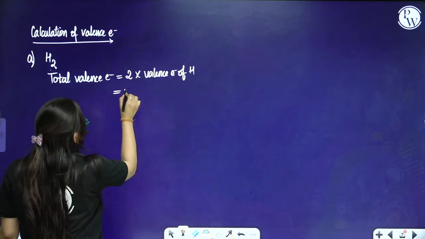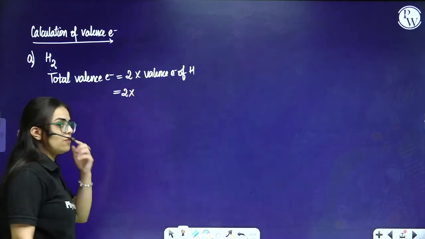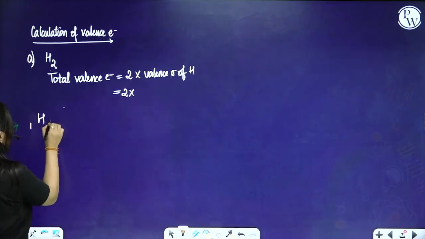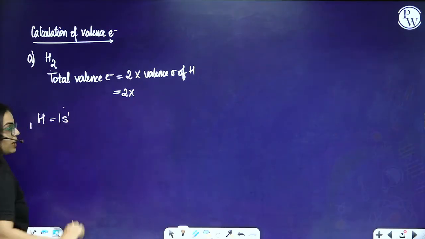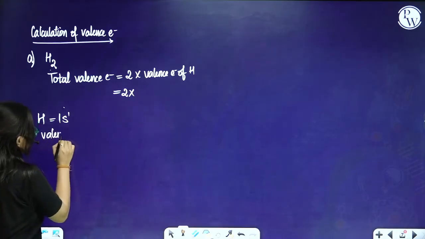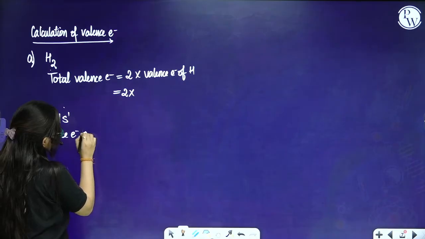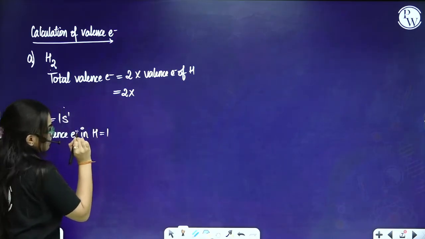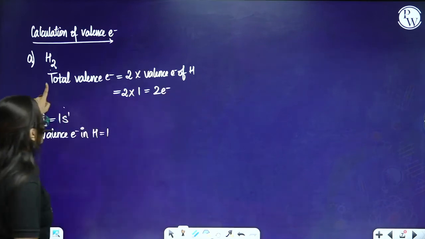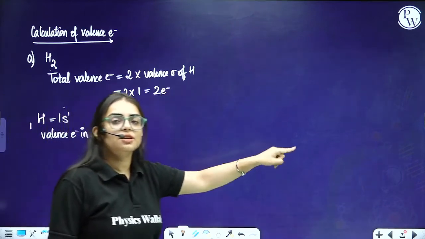See, students, hydrogen has atomic number 1, so electronic configuration 1s1. That means 1 electron is seen in the outermost shell. So valence electron in the case of hydrogen is only 1. So 2 into 1 comes out to be 2. That means 2 electrons are the total valence electrons that are seen in the case of H2.